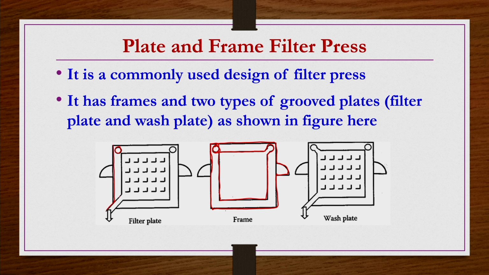So, these filter plates have a grooved surface like this, as shown in this picture. This is one type of plate. Here we can see the grooved surfaces that are provided. The same is the case for the wash plate also.